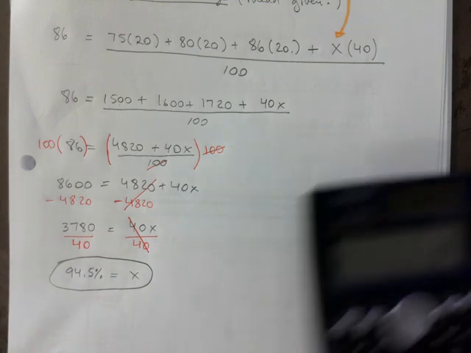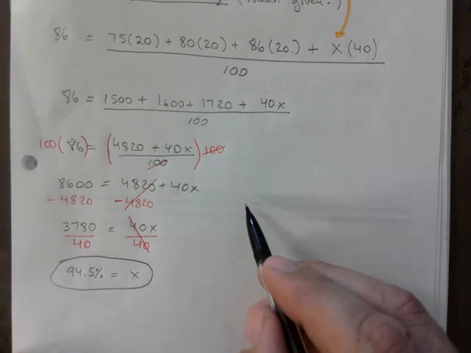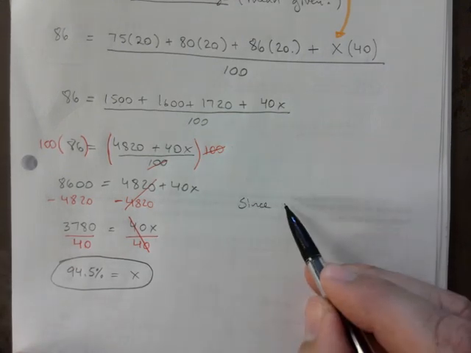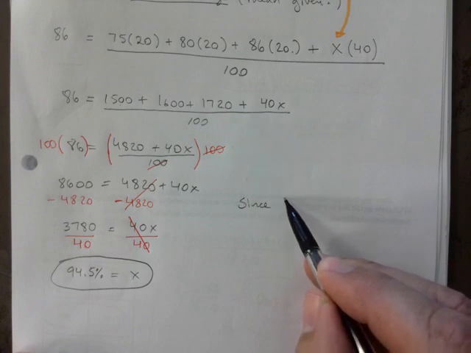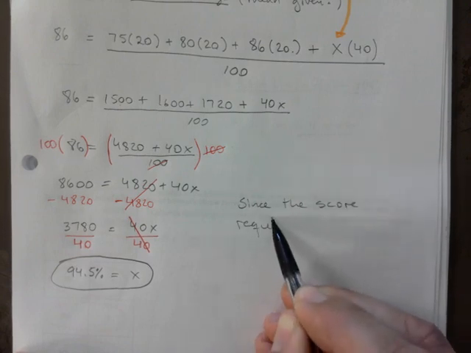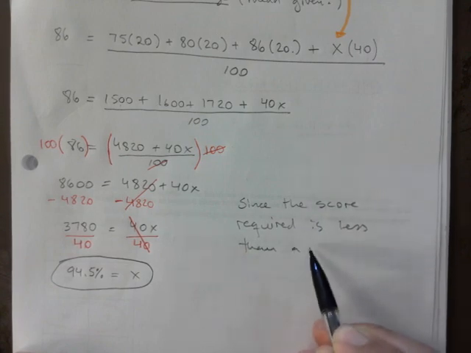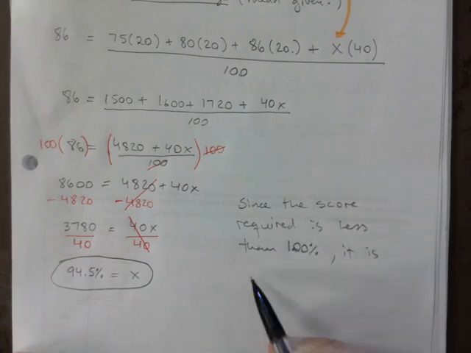Is it possible? It's still possible. Is it probable? 75, 80, 86. It's pushing it definitely, right? Since the score required is less than 100, it is possible.